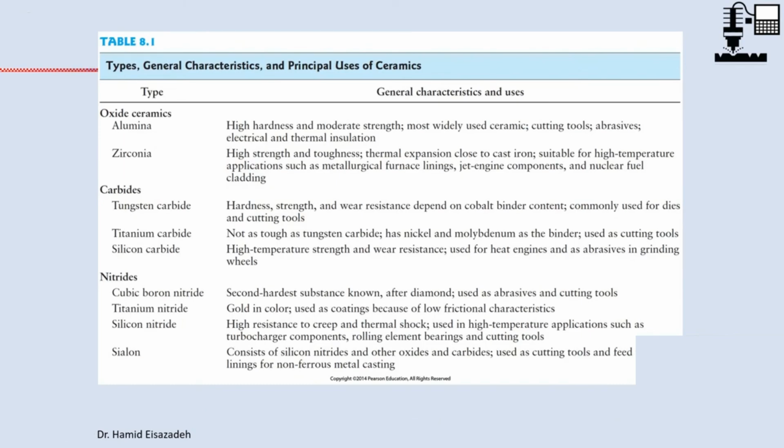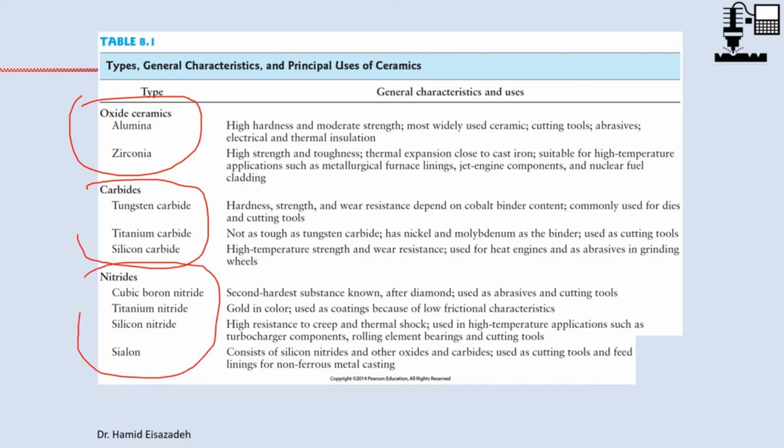This table shows the general characteristics and principal uses of ceramic. We have three types: oxide ceramic, carbide, and then nitride. Each one has its own specific characteristics and uses.